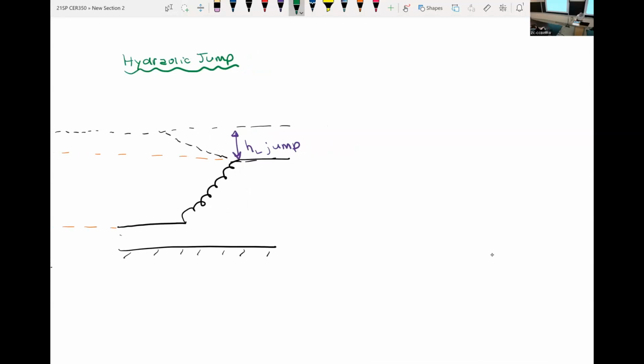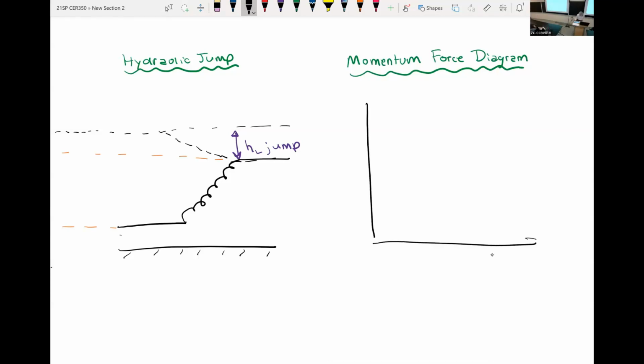So our momentum diagram for the hydraulic jump. We have M versus Y, depth of flow versus that momentum force expression.